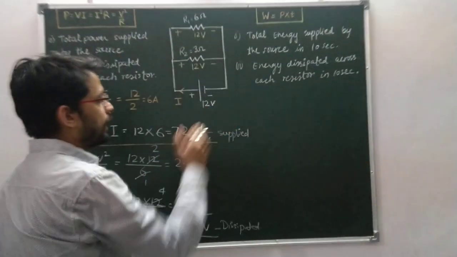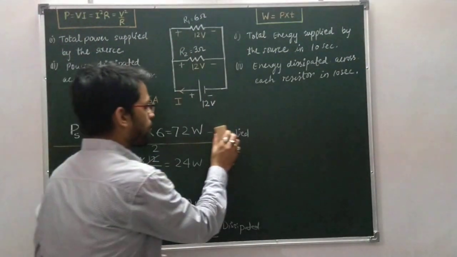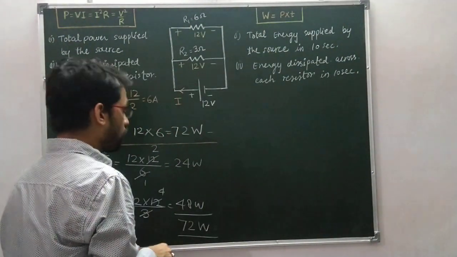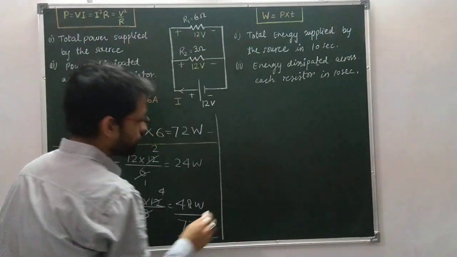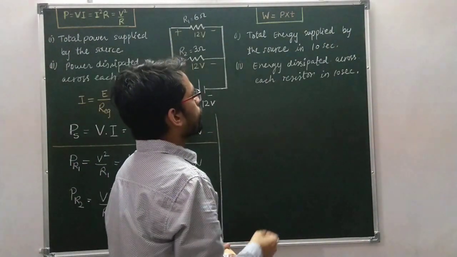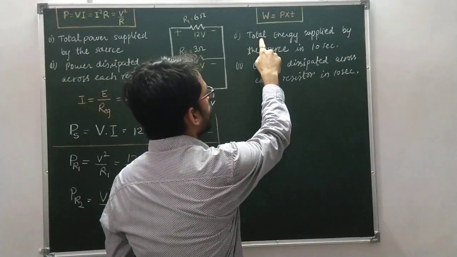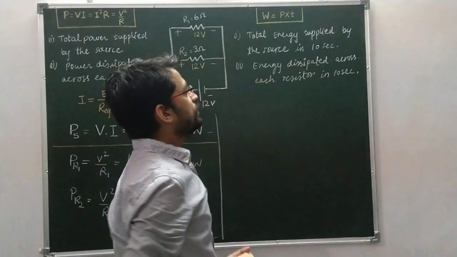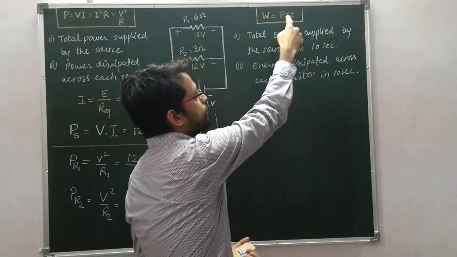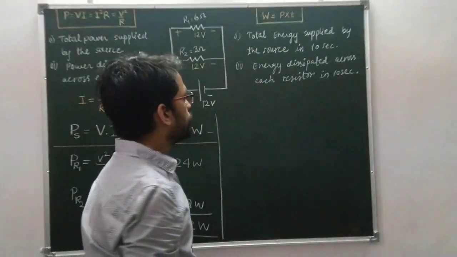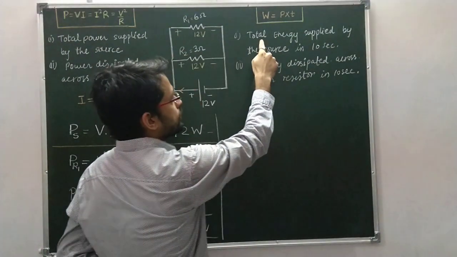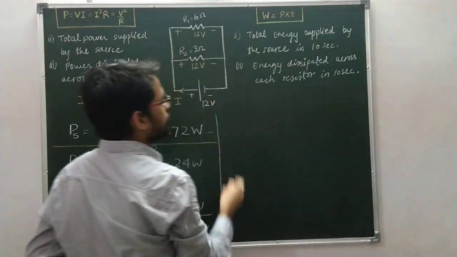Now come to the energy calculation. We have this energy formula, that electrical energy is equal to the power multiplied by the time. First question is, what is the total energy supplied?